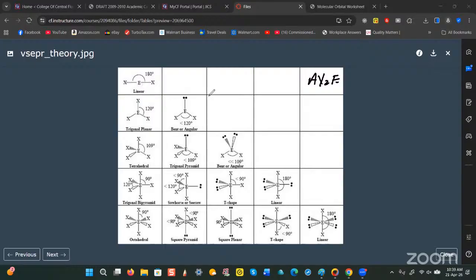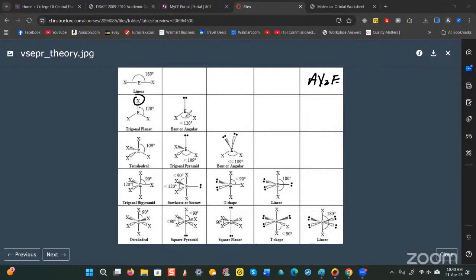And they use dots to represent lone pairs. So for example, if you have a central atom bonded to two other atoms, that's linear. If you have a central atom bonded to three other atoms, that's trigonal planar. But if you have one of these atoms replaced or removed, so you only have a lone pair here, then the angle will be bent or angular. This is the tetrahedral arrangement. And then you have the trigonal pyramidal, and then you have the bent, in this case. The angle here will be different compared to this one, and so on and so forth.